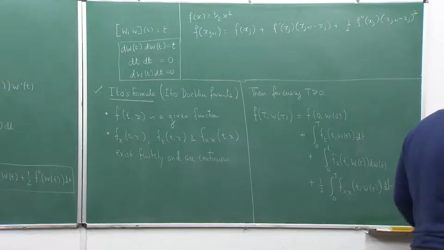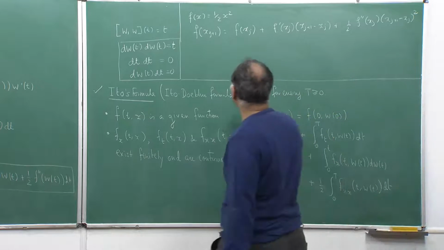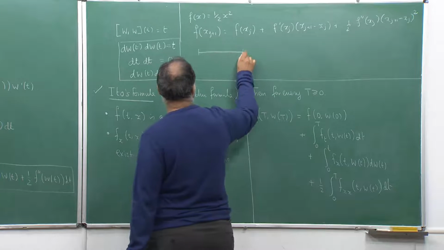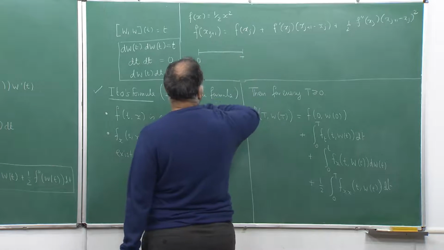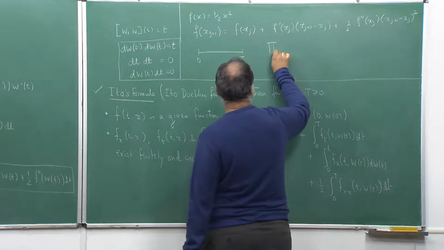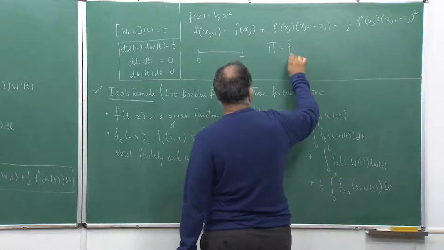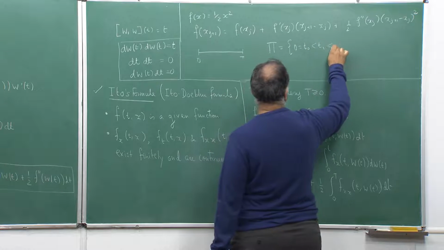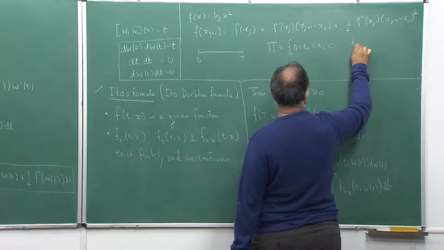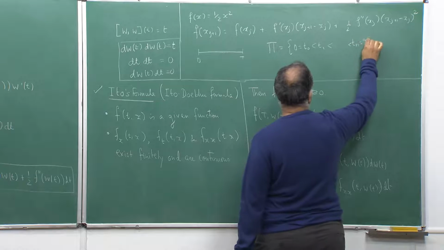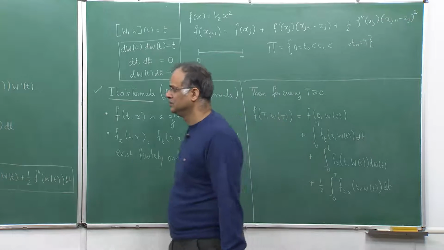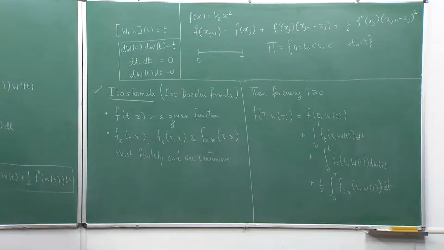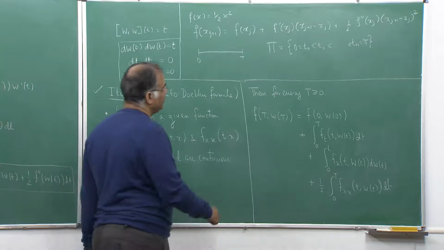That is the idea. So again you will start with the interval 0 to t, and I will consider a given partition where 0 equals t_0 less than t_1, strictly less than ... t_n equal to t. And as before, we will consider the norm of the partition to be the maximum value of the length of the intervals.